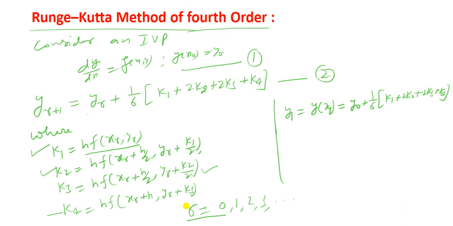So, in that case, substitute the values of k1, k2, k3, k4 and y0 in this expression, then we obtain y1. Now, if we put r is equal to 1, then we obtain y2.